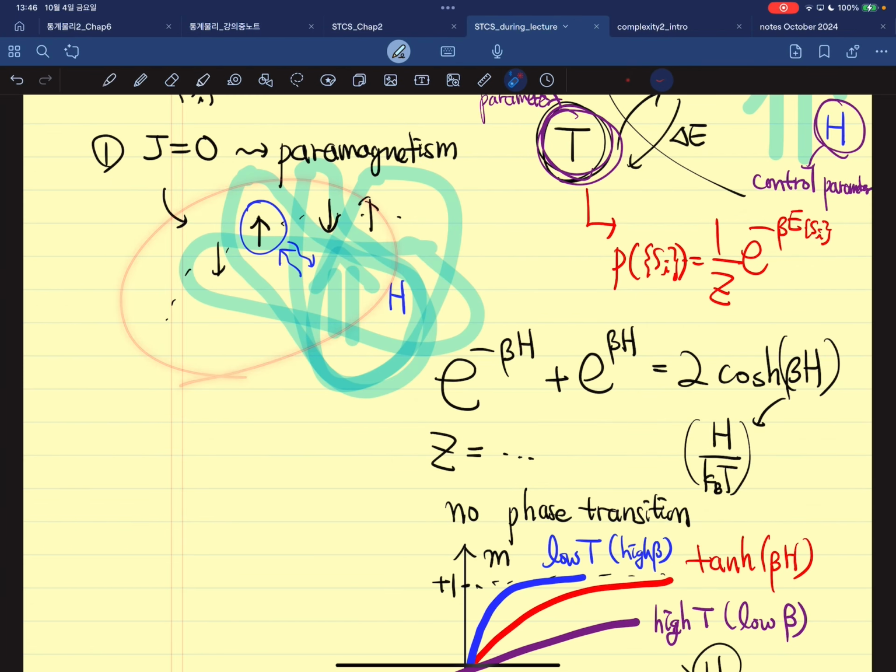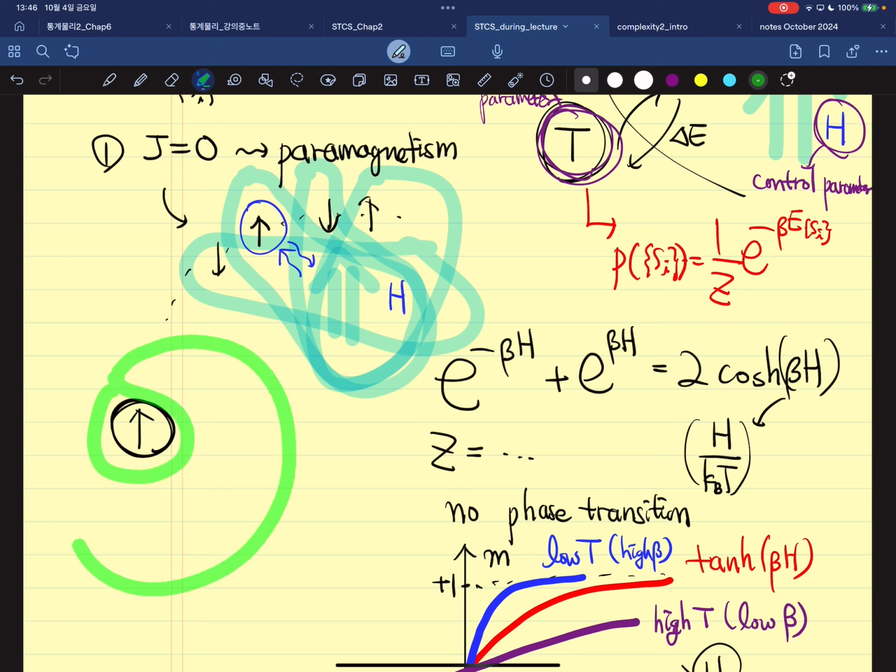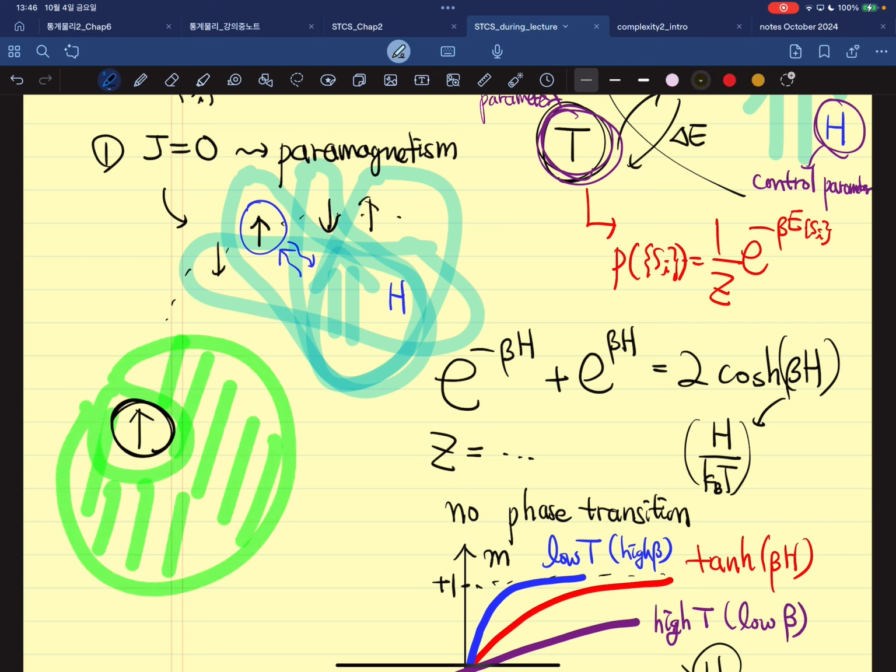For this case, the paramagnetic system, the real interaction is occurring independently for each spin and the external field. And there is no correlation between individual spins at all. So for each spin variable Si, all of the other environment can be considered as a single spin variable.